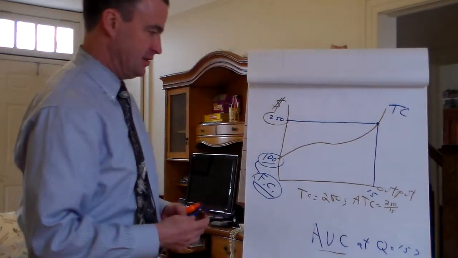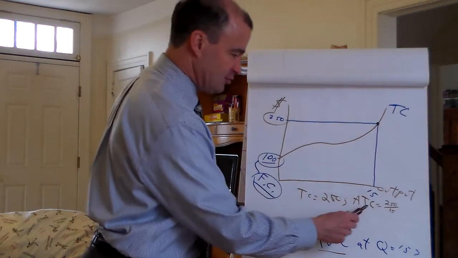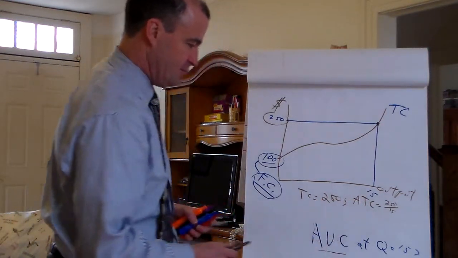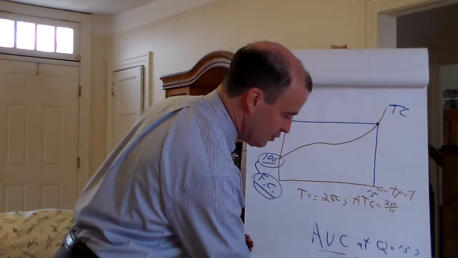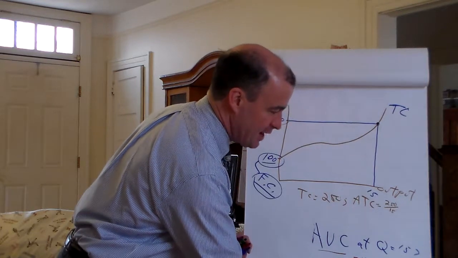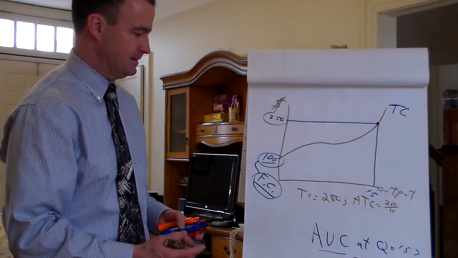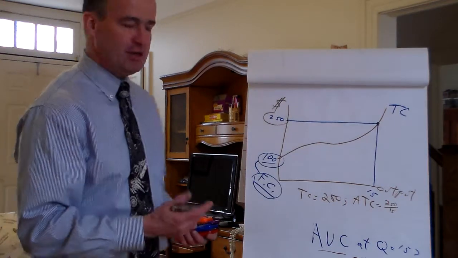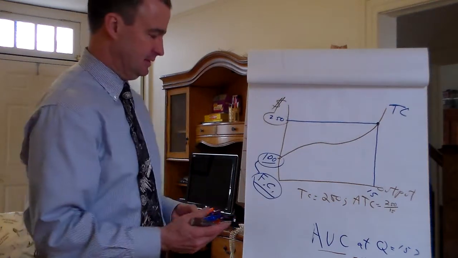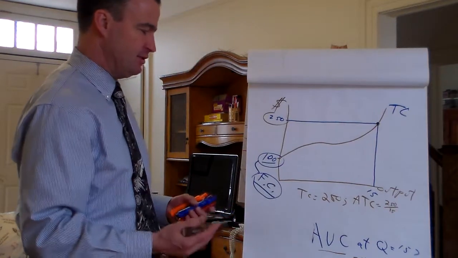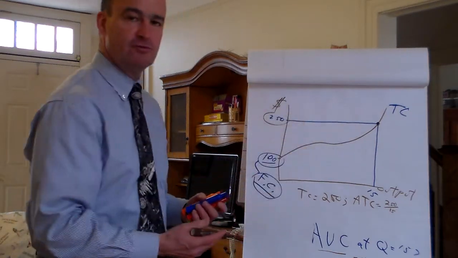Average variable cost. How do we get from the average total formula to the average variable? We know that's got to be total variable cost divided by 15, the quantity. If we could only get the total variable cost, that's really the missing thing. Everything else has been told for you.